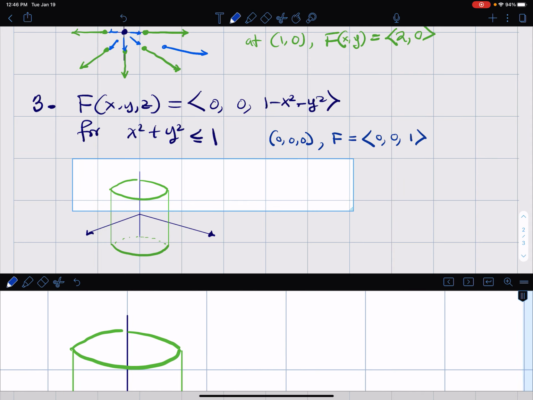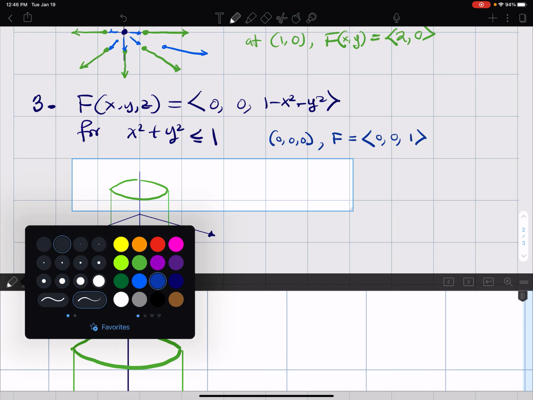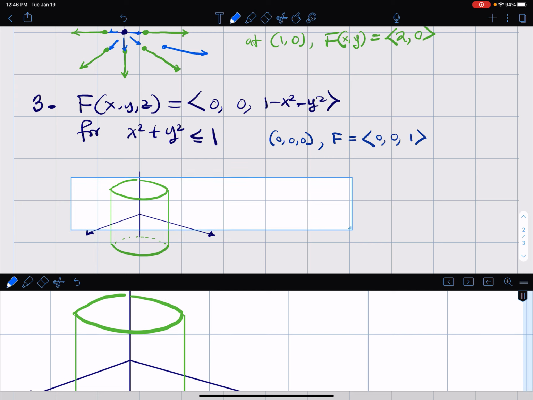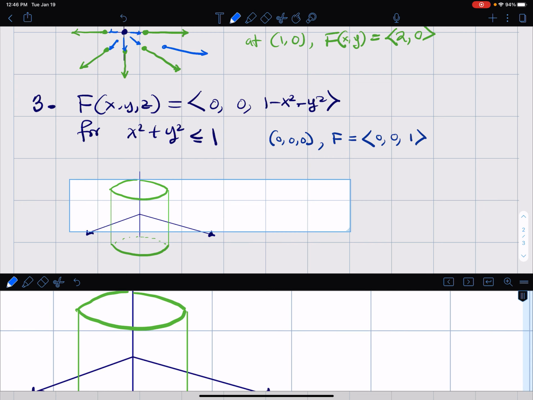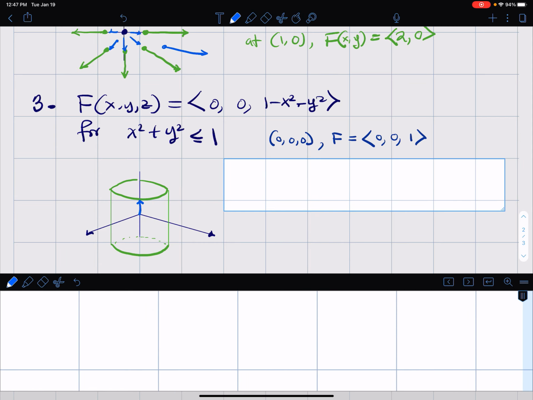So you get a vector that along the y-axis, there is no movement. Along the x-axis, there's no movement. But along the z, it's moving. It's of length 1 along the z-axis.